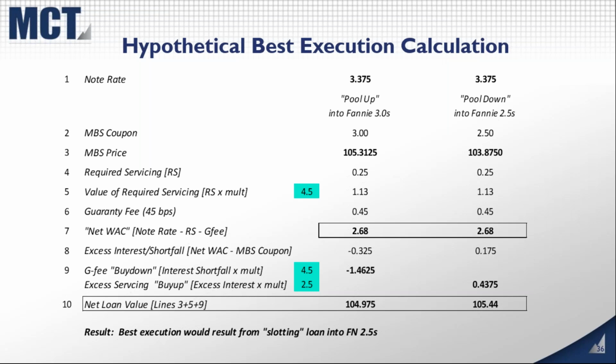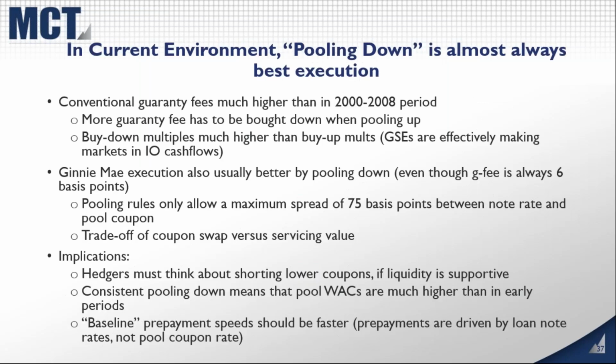Whereas if you pooled up into 3s, you would have 32.5 basis points of shortfall that you'd have to buy down. And using the various multiples, which are reasonably in line with where the current market is, you can see that best execution will result from pooling down into Fannie 2.5s for this loan.